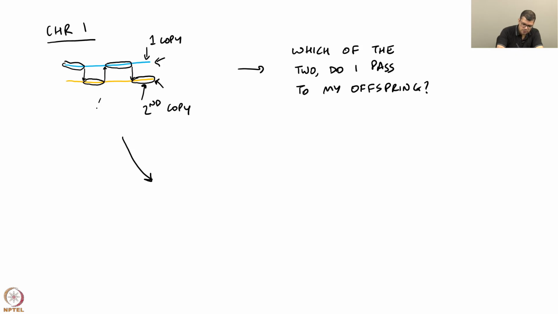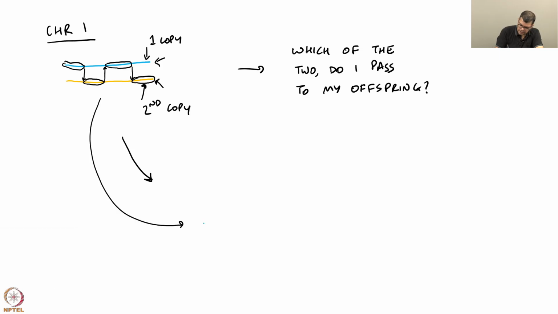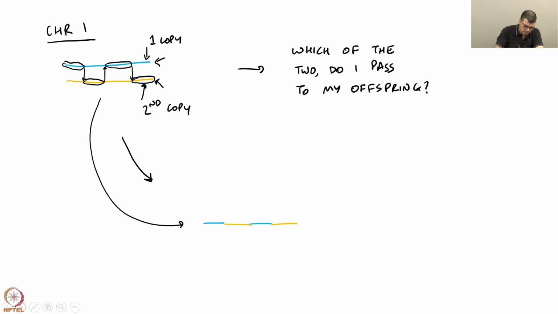If this is how the chromosome 1 was packaged, then the hybrid that you would get would be something like this: the blues would be separated and in between them would be this orange colored strand, and this would be the hybrid chromosome.